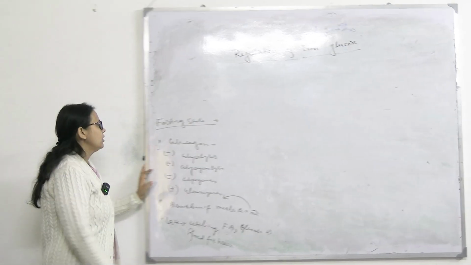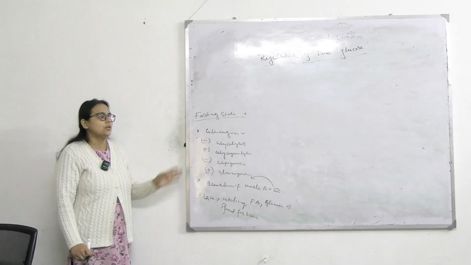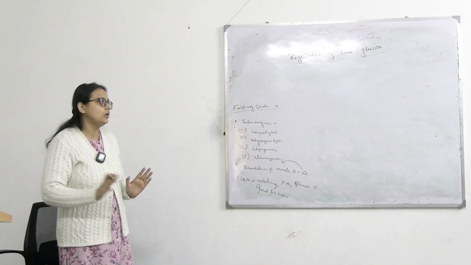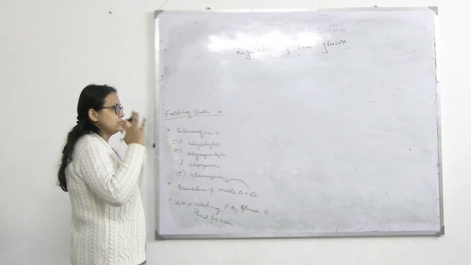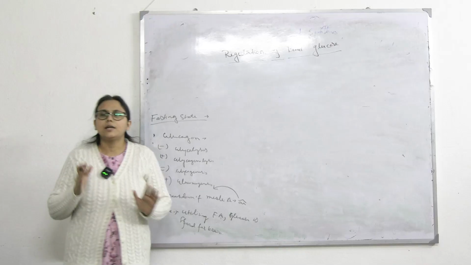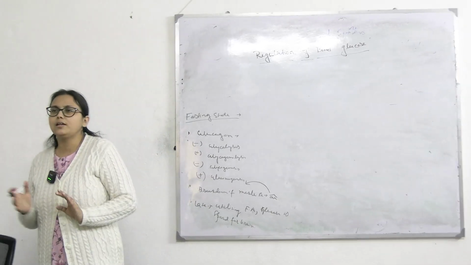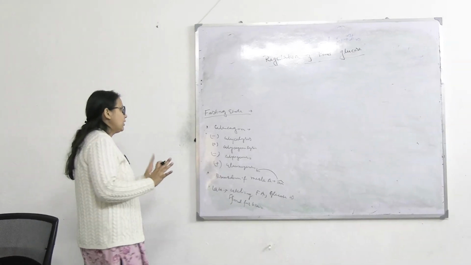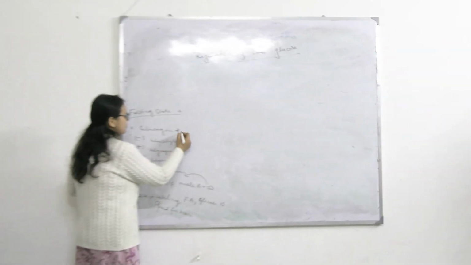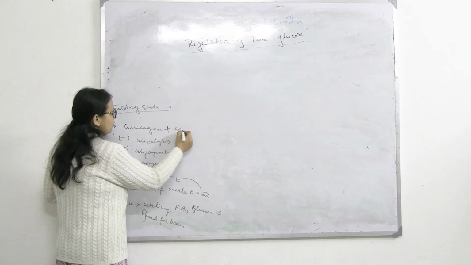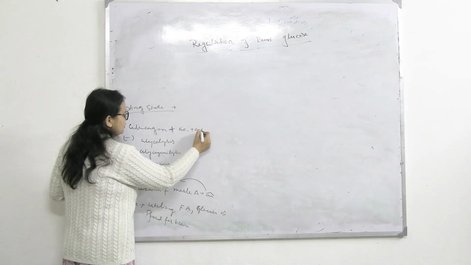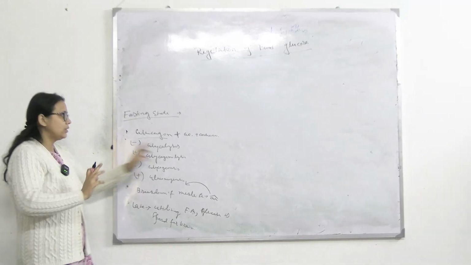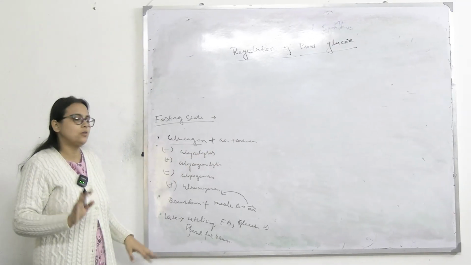So in fasting state, overnight fasting meaning 8 to 10 hours without food, blood glucose level starts falling, but the excessive fall is prevented by the action of hyperglycemic hormones like glucagon, plus glucocorticoid and catecholamine. The major role is of glucagon, but glucocorticoid and catecholamine also show some action.